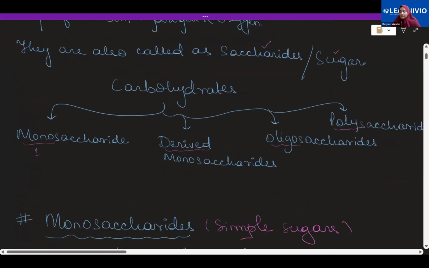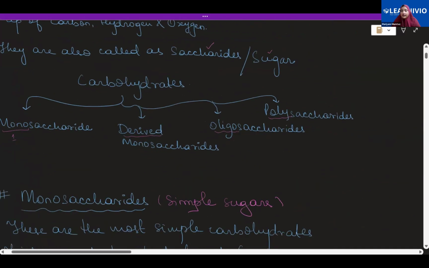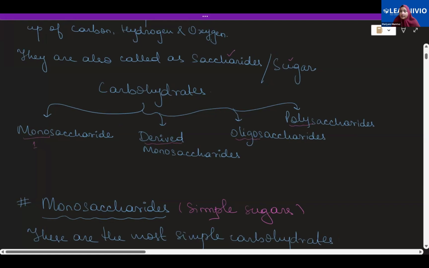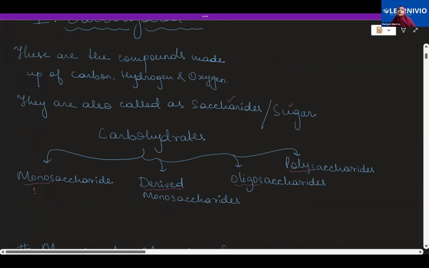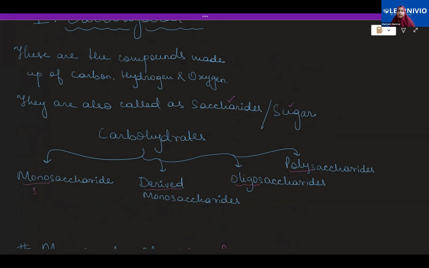Now, carbohydrates, on the other hand, are of a variety of types depending upon what they are made up of. So students, do you people know what is a polymer and monomer? In general, polymer and monomer? No one knows? See, imagine it like this.